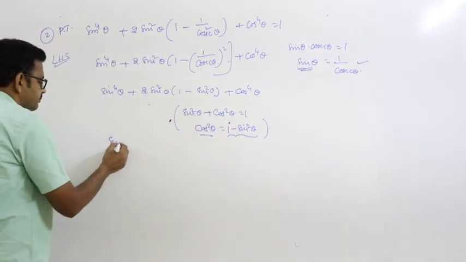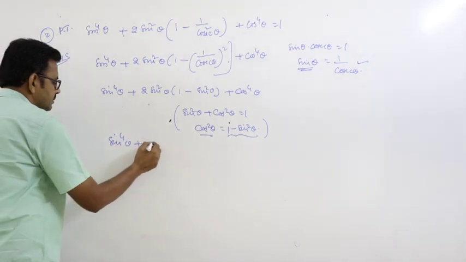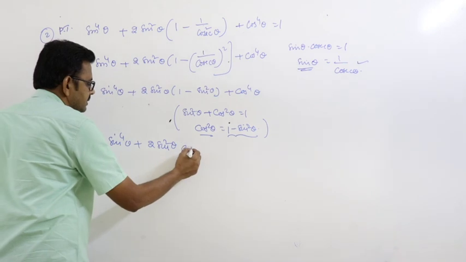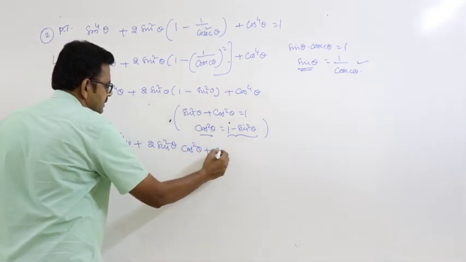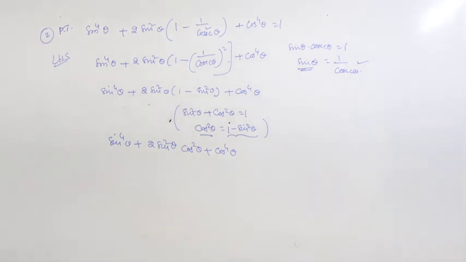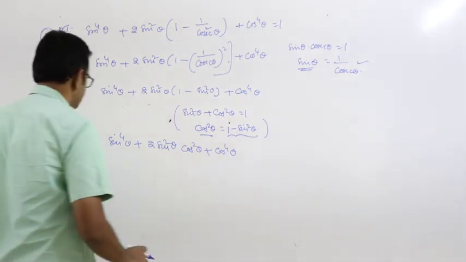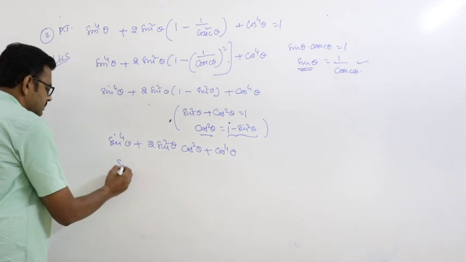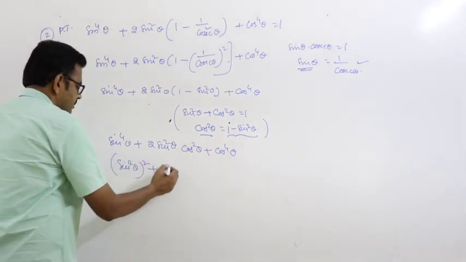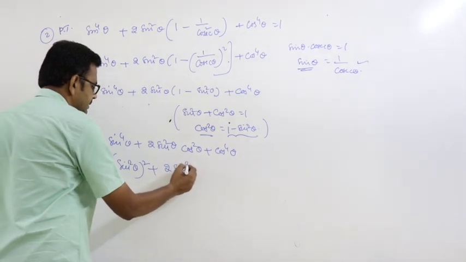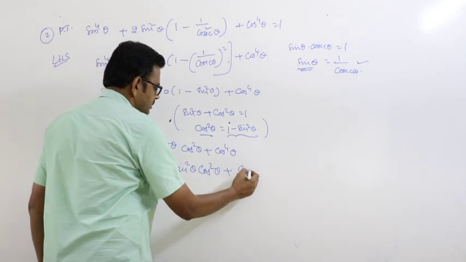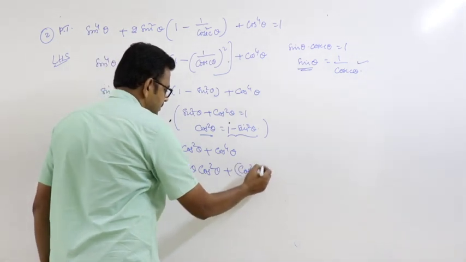So this is sin power 4 theta plus 2 sin square theta into cos square theta plus cos power 4 theta. So you write sin square theta whole square plus 2 sin square theta into cos square theta plus cos square theta whole square.